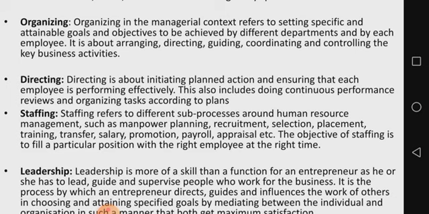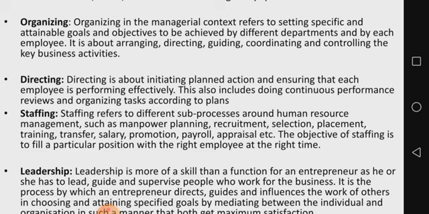Now, when you are a manager or you are running a company, you have to decide what type of employee you need, how much salary you will offer them, and what skills they need to acquire once they join your company. Do they require any kind of training or not? How to provide them training?